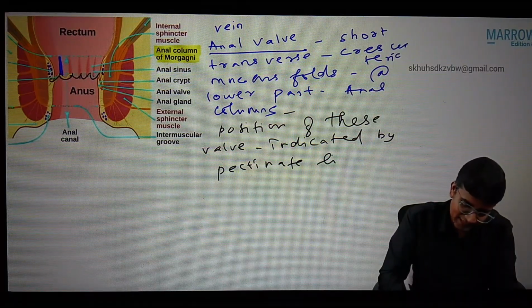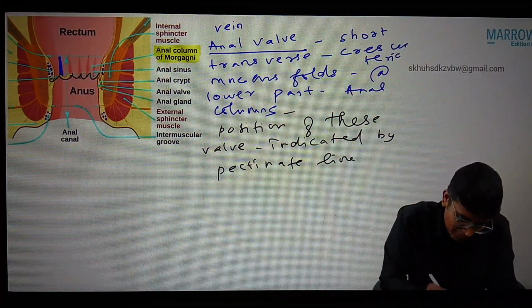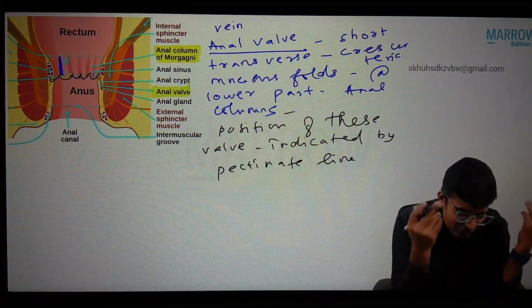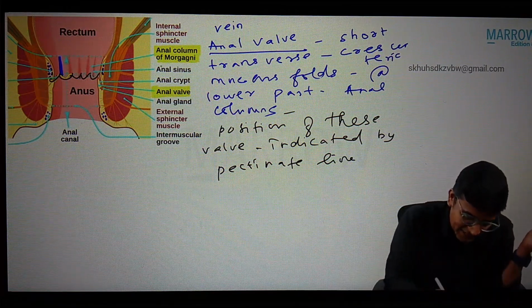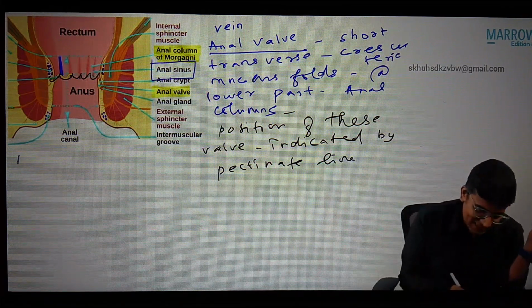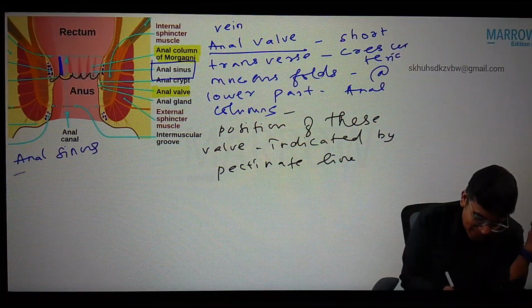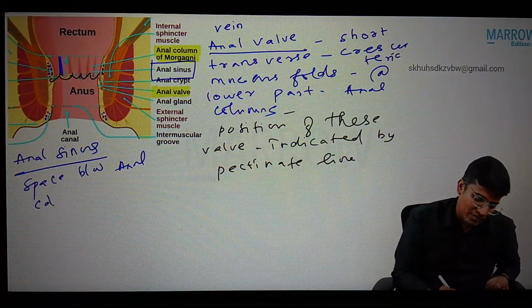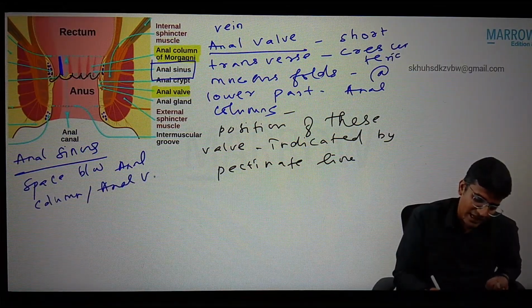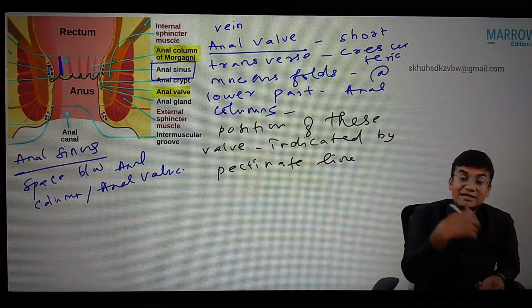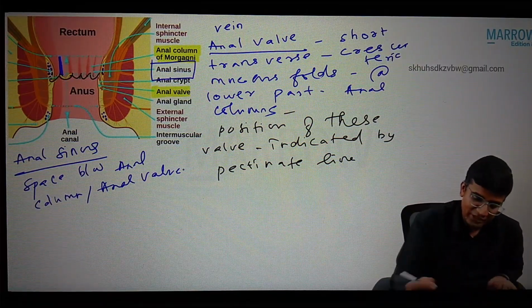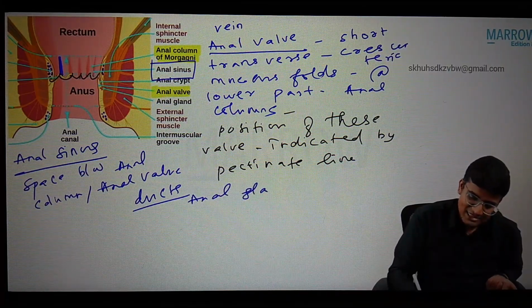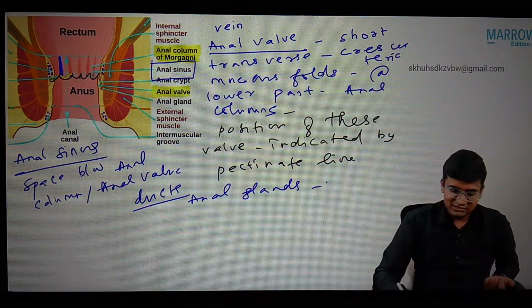So anal column over, anal valve over. Between the anal column and the anal valve, we have a space, and that space is called the anal sinus. The ducts of the anal glands open into the lower part of the sinus.